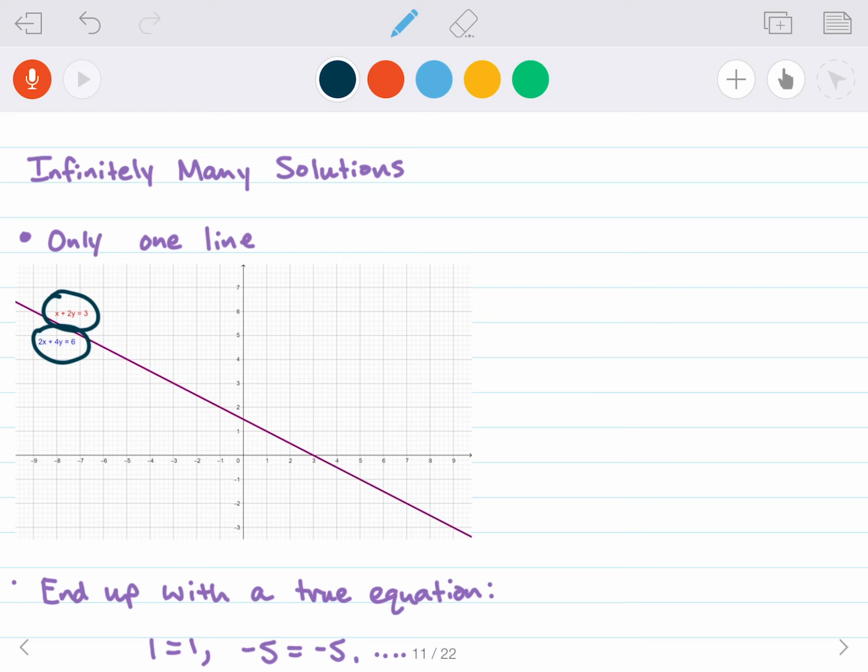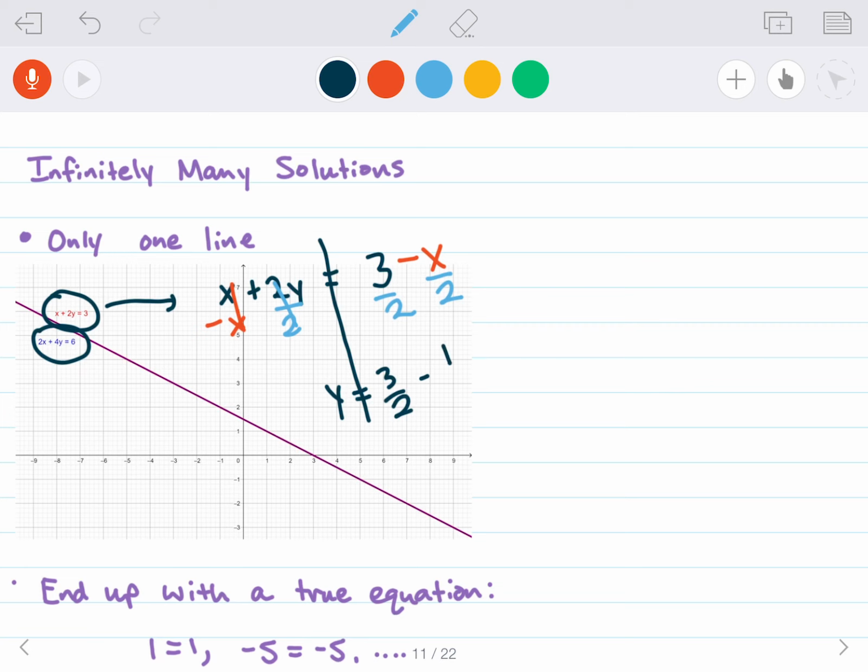If I rearrange the first one, I have x plus 2y equals 3. If I try to isolate y, I'm going to first subtract x on both sides, and then I'm going to divide both sides by 2 to get y alone. And when I do that, I get y equals 3 over 2 minus 1/2 x. Right? That's my first line.